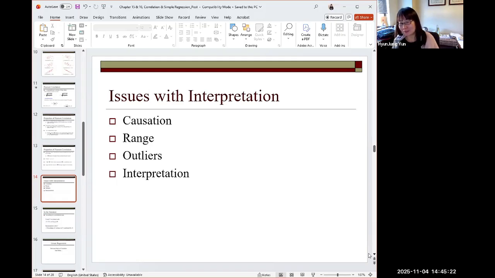And then I talked about interpretation. As I mentioned, the R value is how much change in variable B, in standard deviations, comes with a one standard deviation change in variable A. No one can really get any intuitive understanding of what that means.